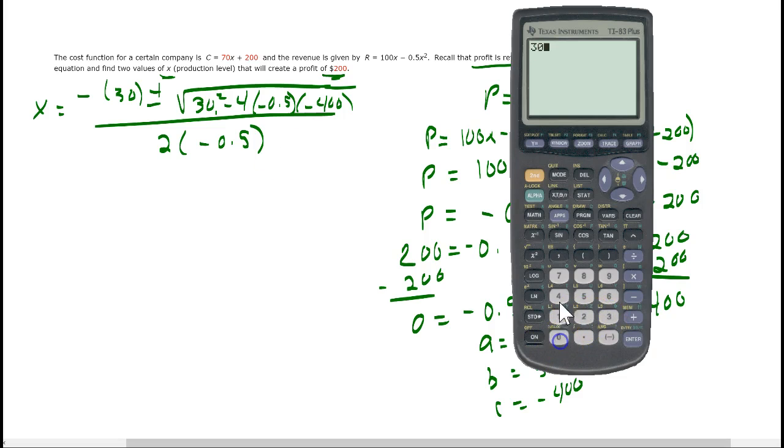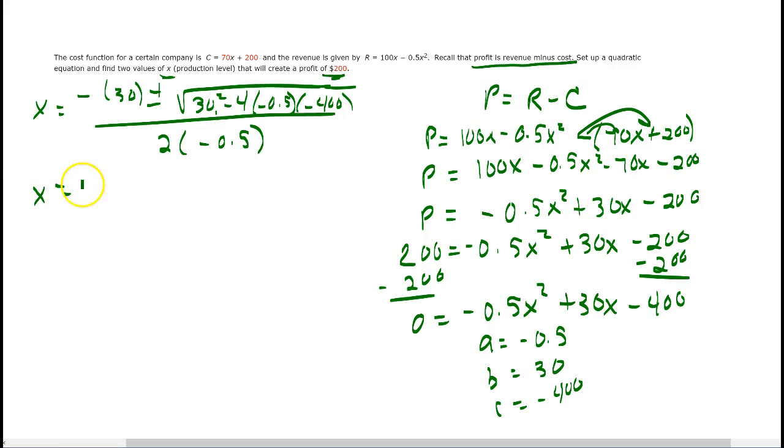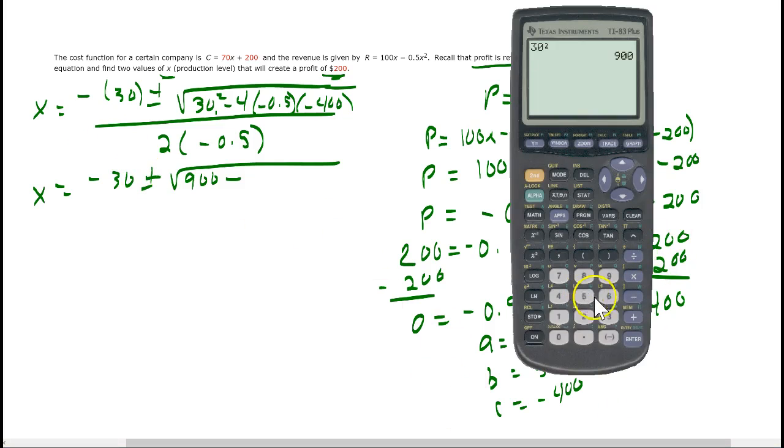Of course, 30 squared is going to be 900. Okay, so I have x equals negative 30 plus or minus the square root of 900, and 3 negatives is still going to give me a negative.